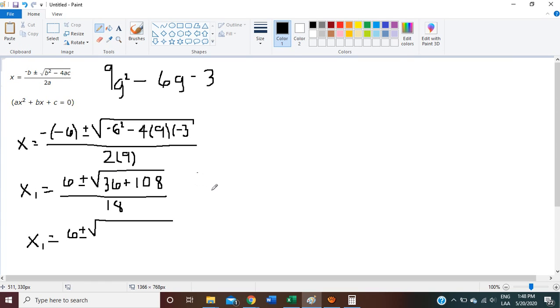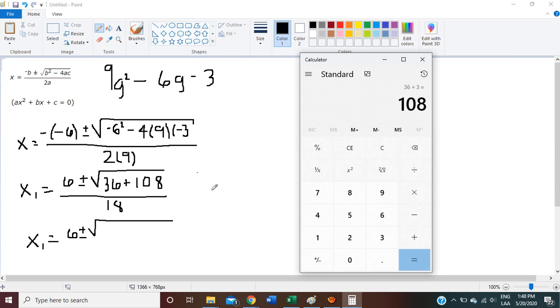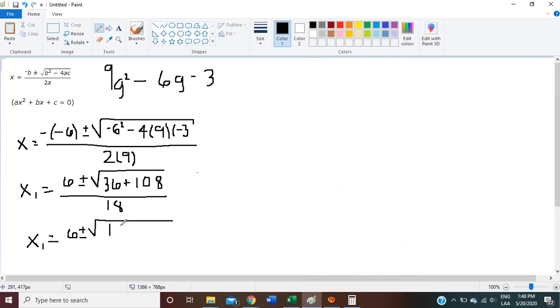So 108 plus 36 is 144. All of this divided by 18. Okay? Now, x equals 6 plus minus, what is the square root of 144? It's 12 divided by 18.